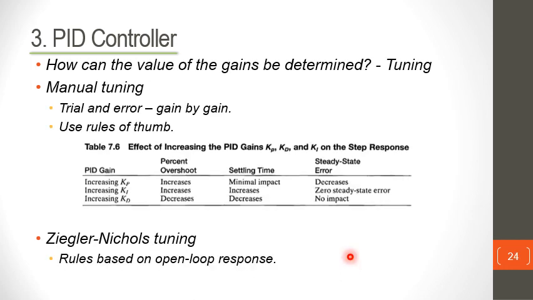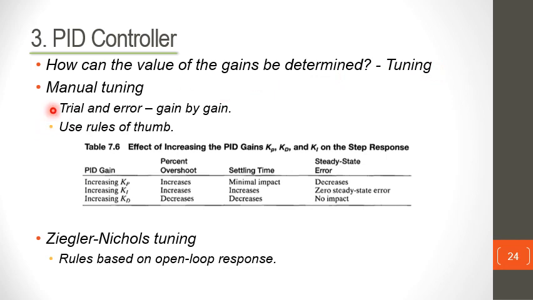So how then do you determine the values of K and D? Well, the root locus can be used as one method, and there are other methods, which are manual tuning, or the Ziegler-Nichols rules of tuning. The process of determining the values of the PID controller is called tuning.